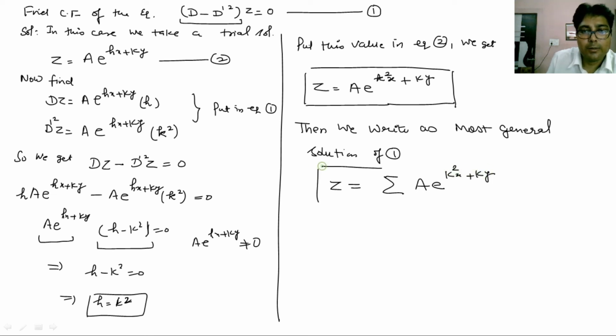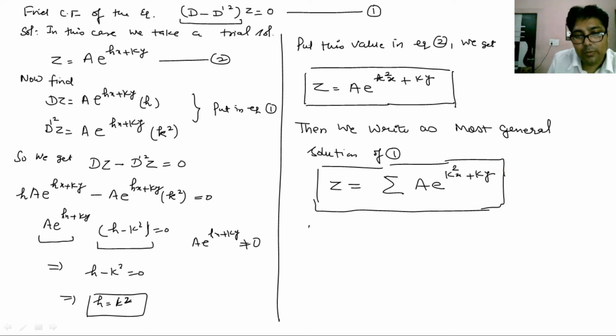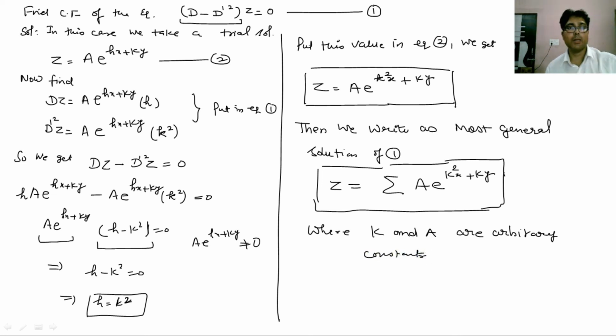Clear? In this equation, k and a are arbitrary constants. Clear? This is the answer.